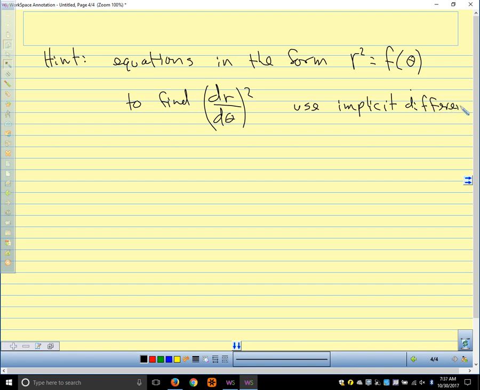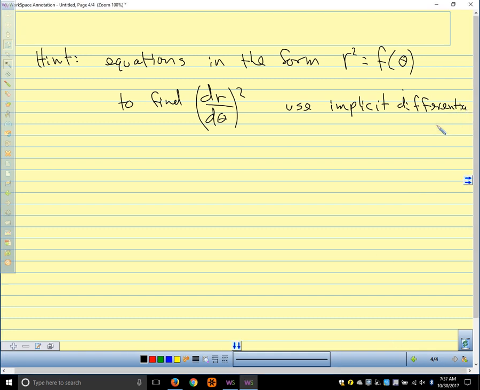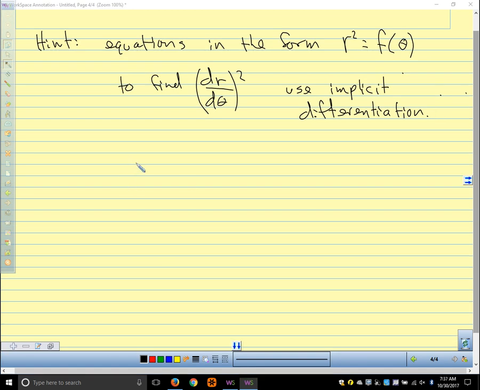So if we differentiate implicitly, 2r dr d theta equals f prime of theta.